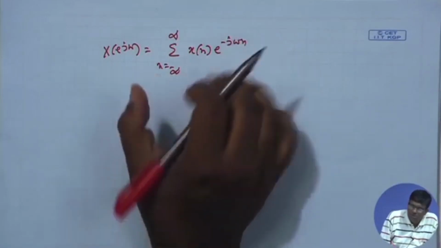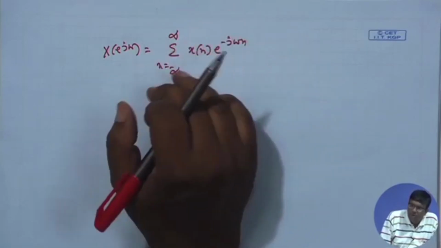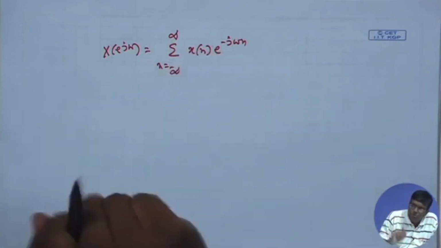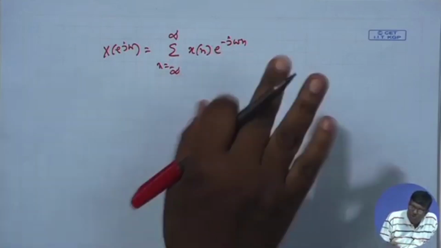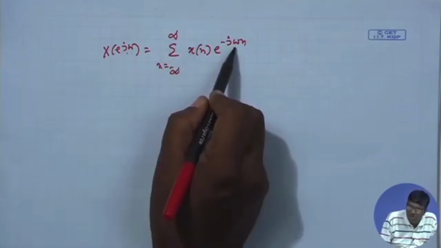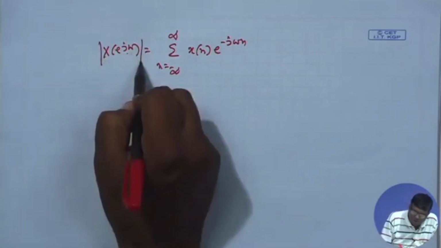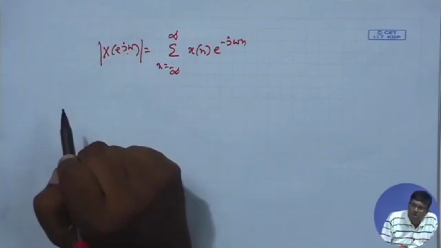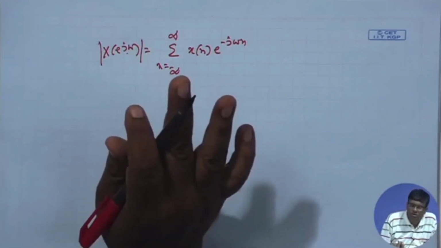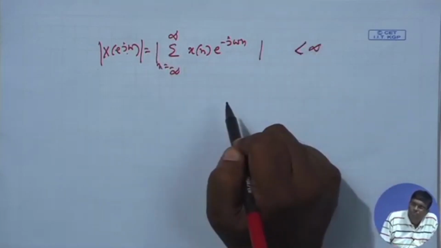An infinite summation does not mean that its magnitude will converge; it may shoot up to infinity. If it does not converge and shoots up to infinity, then the DTFT does not exist, at least for that omega you have put in. For the DTFT to exist, the mod of this for all omegas should be finite.